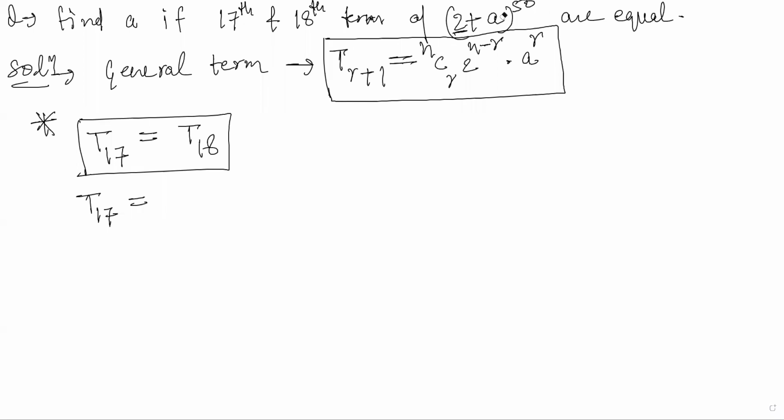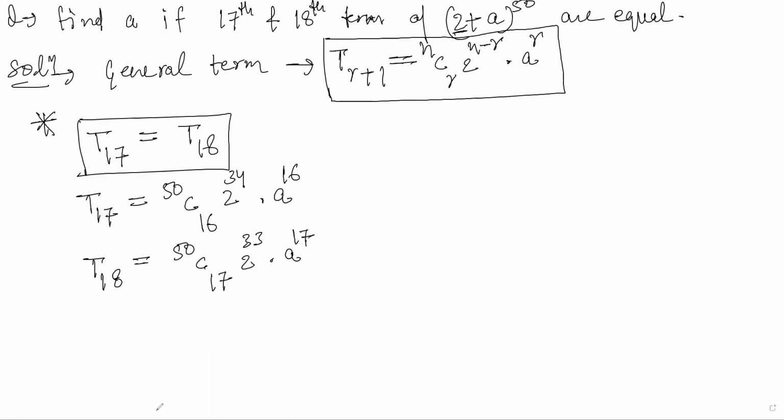What is n here in this case? (2 + a)^50, so the value of n is 50. So this should be 50C16, r is 16 in this case, 2 to the power 50 minus 16, into a to the power 16. And if I talk about T18, it is 50C17, 2 to the power 33, a to the power 17.